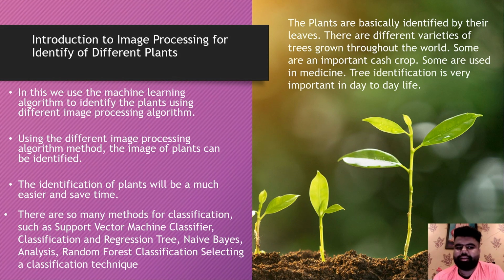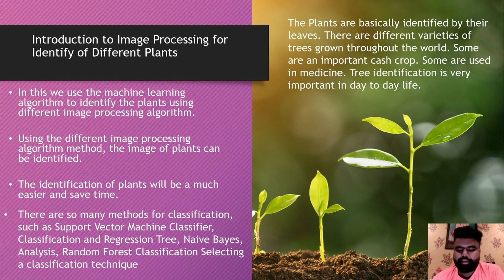So this technology can help us to identify plants which we do not know, and we can check the uses of that plant for humans or our day-to-day life, and how that plant can help us. So going through the introduction, image processing can be used to identify different plants through their leaves on the basis of their shape, color, texture and features.